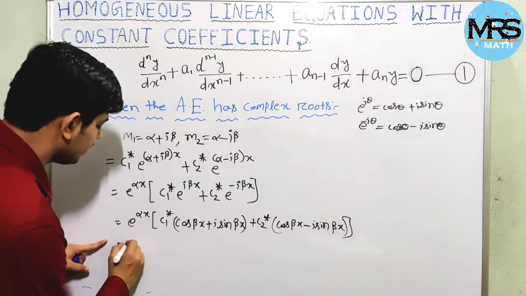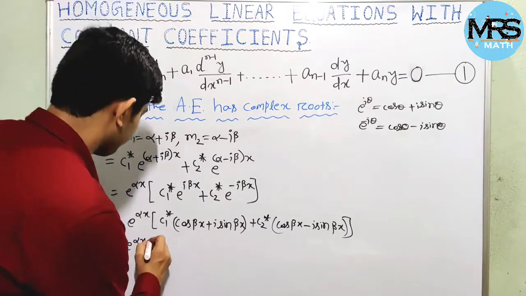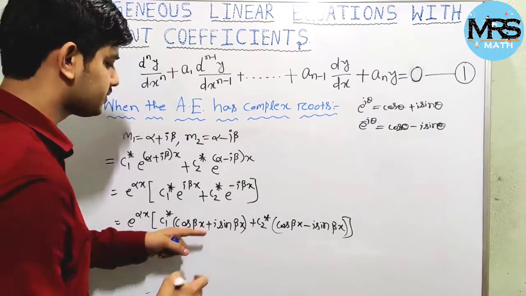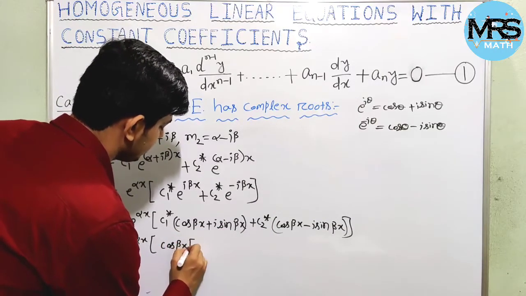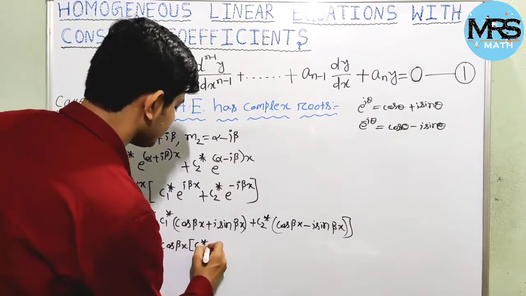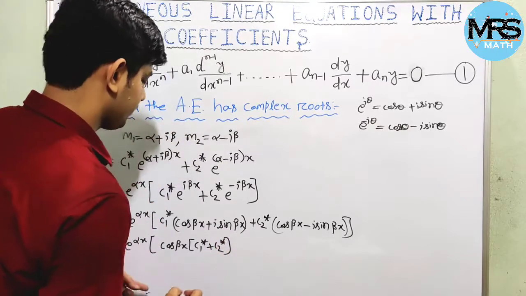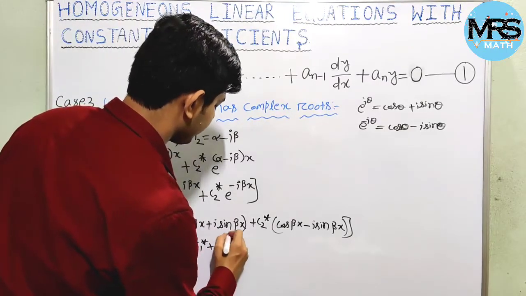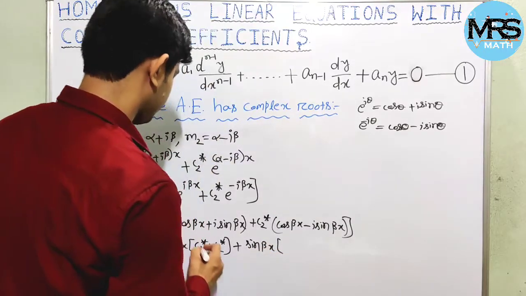So now e to the power alpha x is here. If we take cos beta x common, what will we get? This is C1 star plus C2 star. Similarly, if we take sin beta x common, then what will we get?